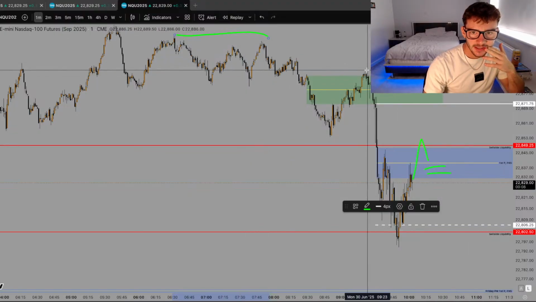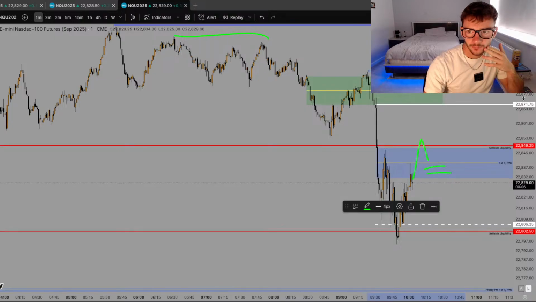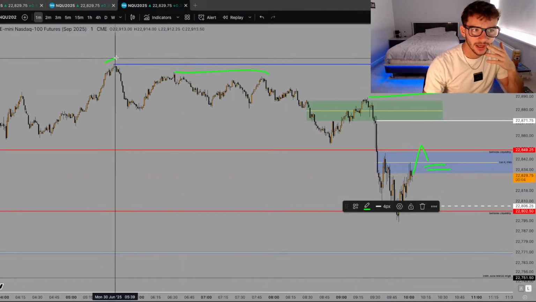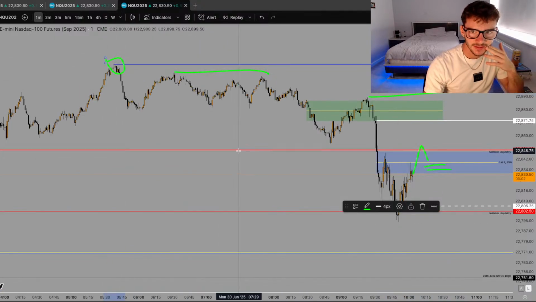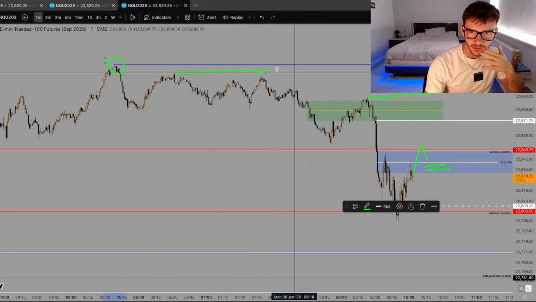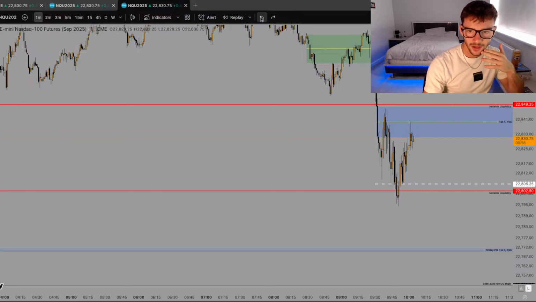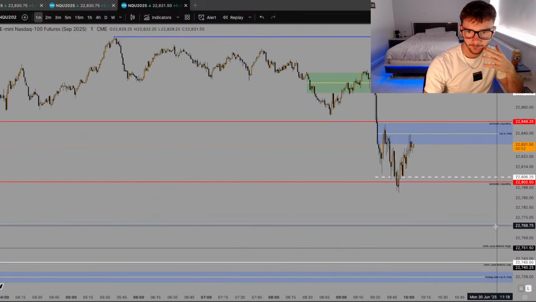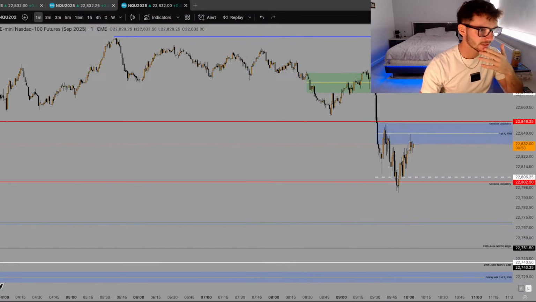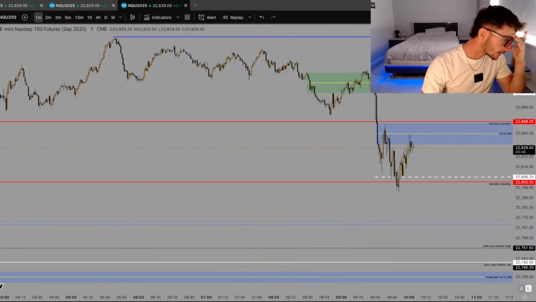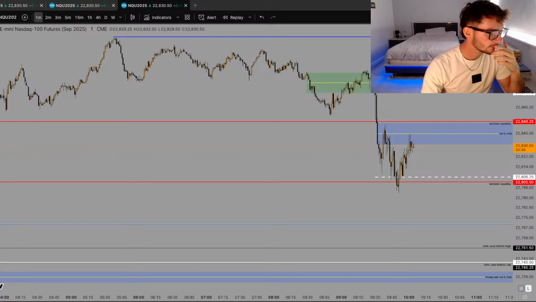We have that buy side liquidity, and the actual high of the overnight session. A whole bunch of targets up there. It's just about when it's going to go there. Obviously it will go there, because I don't really want to call a high on all-time highs. It's just a matter of when and how.